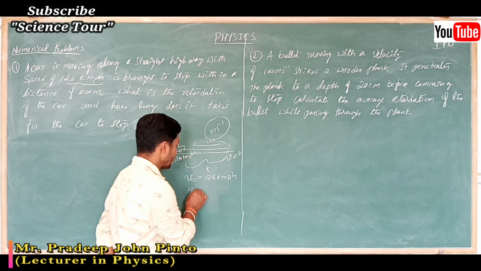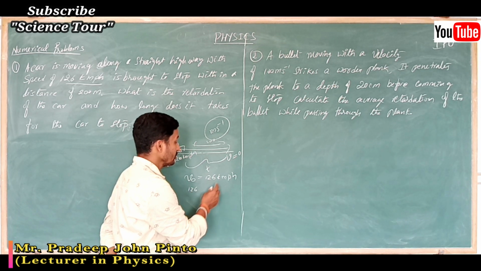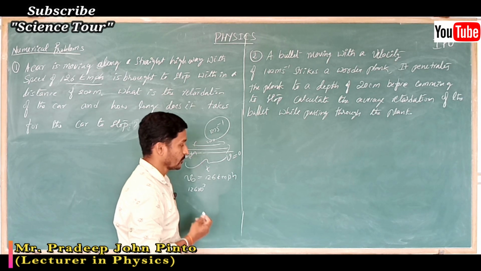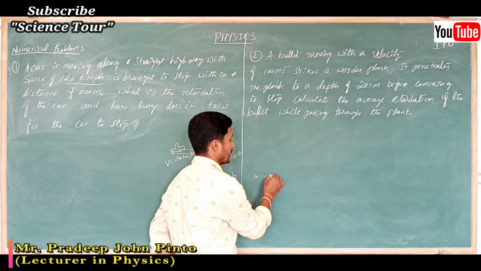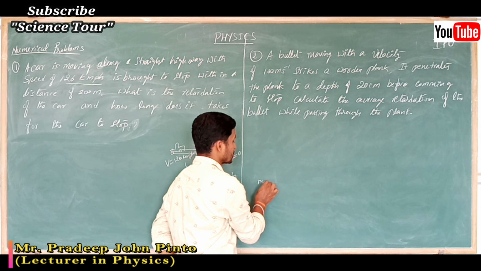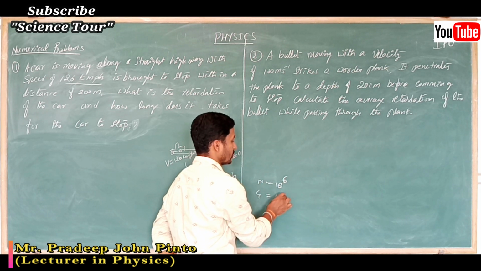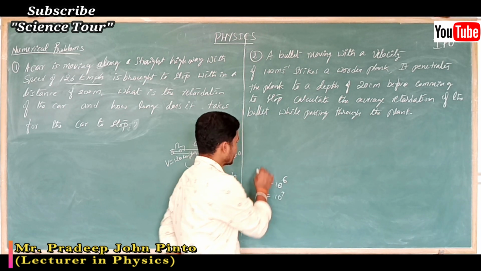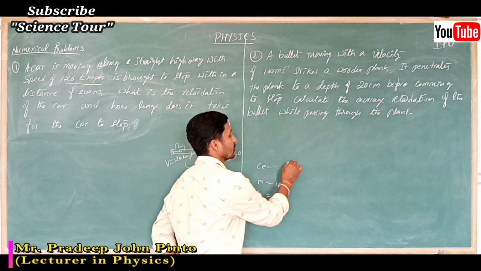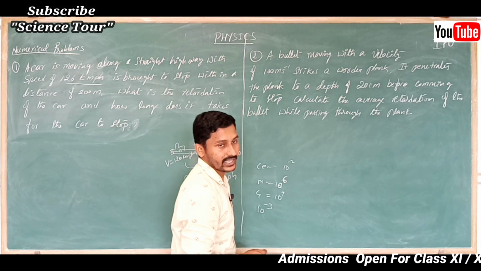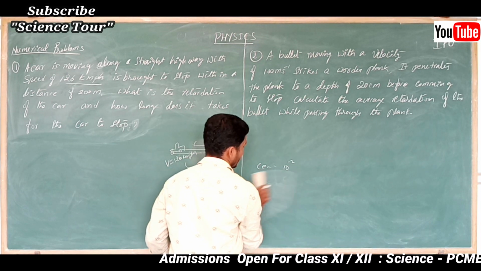Kilo means 10 to the power 3. See, kilo means 10 to the power 3, mega means 10 to the power 6, giga means 10 to the power 9, like that. Centimeter means 10 to the power -2, milli means 10 to the power -3, like that. These are the prefixes we use in physics.